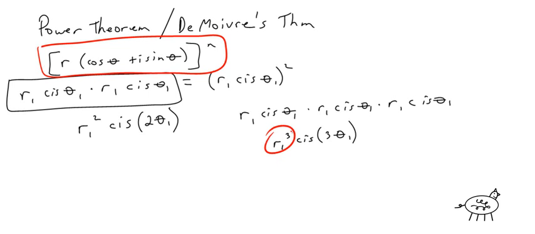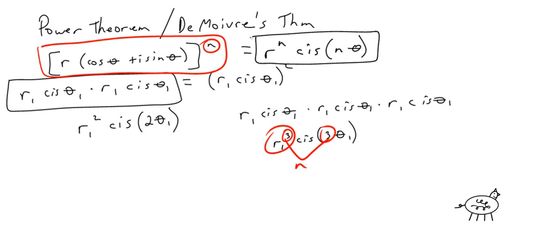It's raised to whatever that number is, how many times I'm doing it. So that's your n, and that's your n also. So I can now write this as r to the n cis n theta. That's De Moivre's theorem.